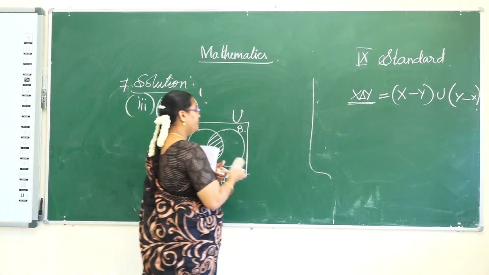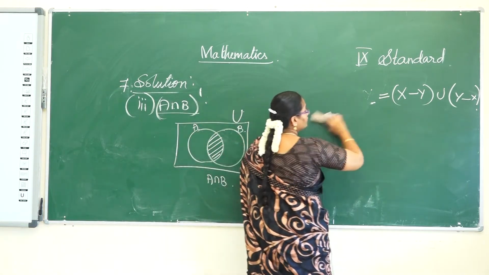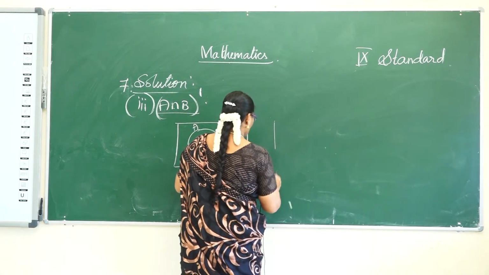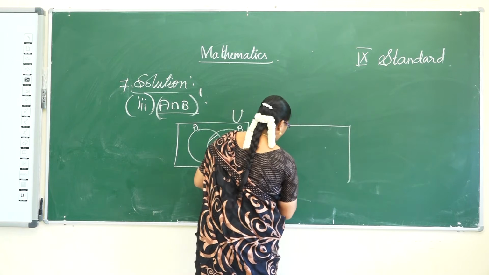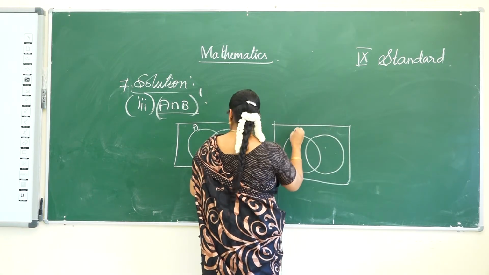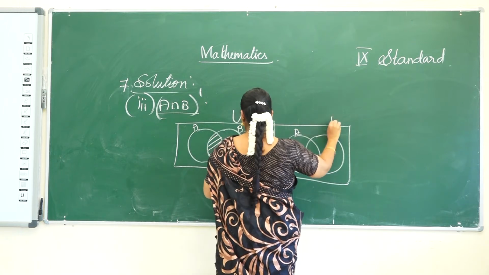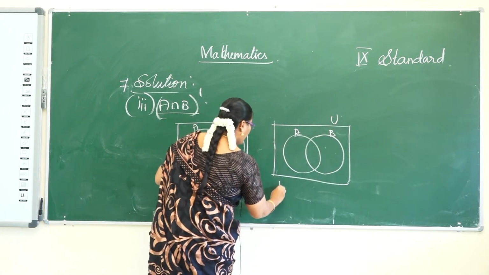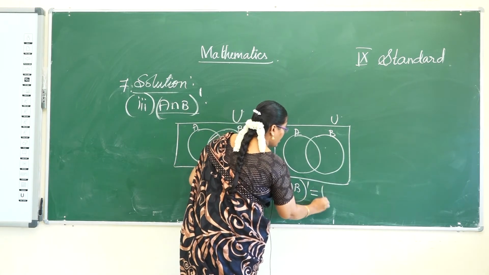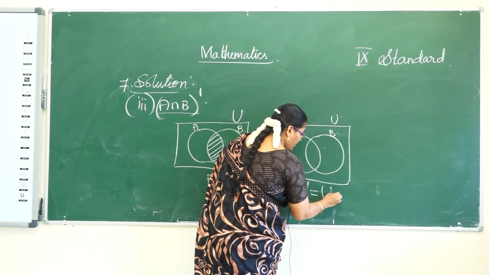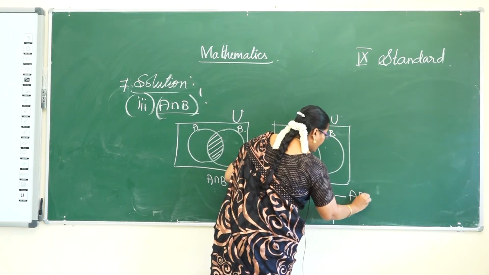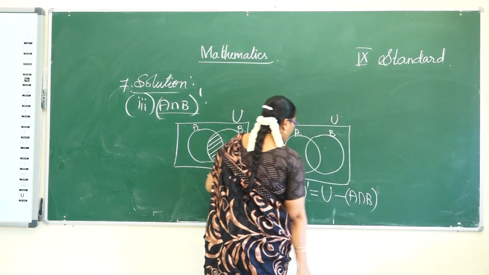How do you draw it? A, B, U. A intersection B the whole complement means all the elements that exist only in the universal set, not in set A intersection B. That is the meaning.